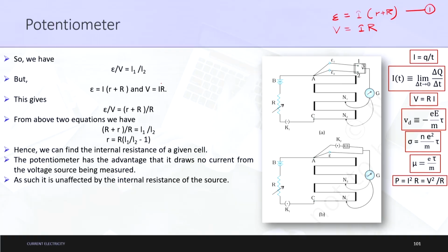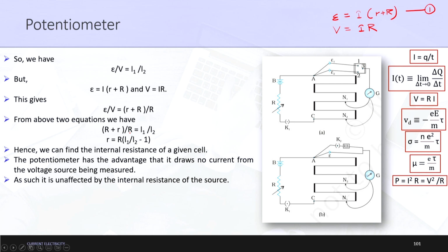But this potential V which we found is only due to this capital R. You just need to understand this. There is no use of small r here. Why? Because the current is passing through this sequence and not this sequence. The internal resistance is present here, and if it is not present in this portion, then the resistance will be only this portion here. That is the reason why only capital R has been utilized here.